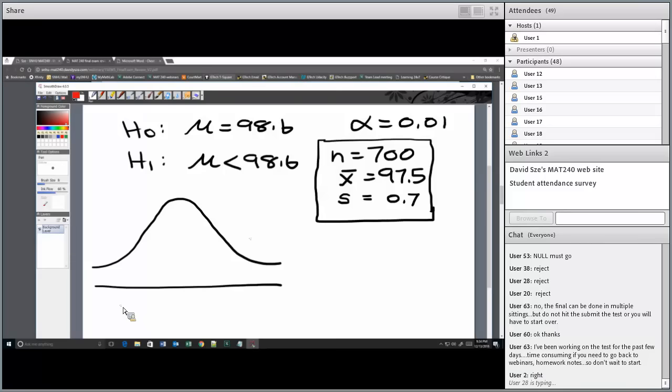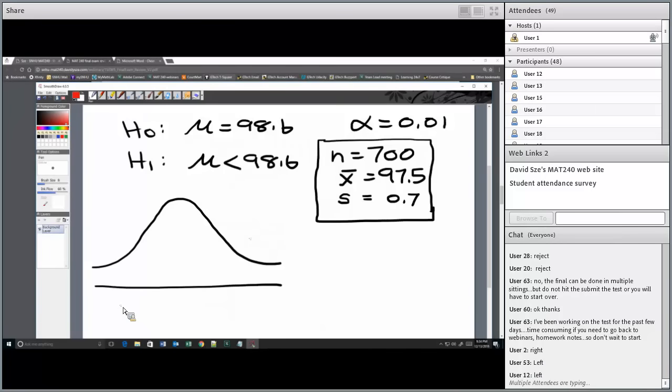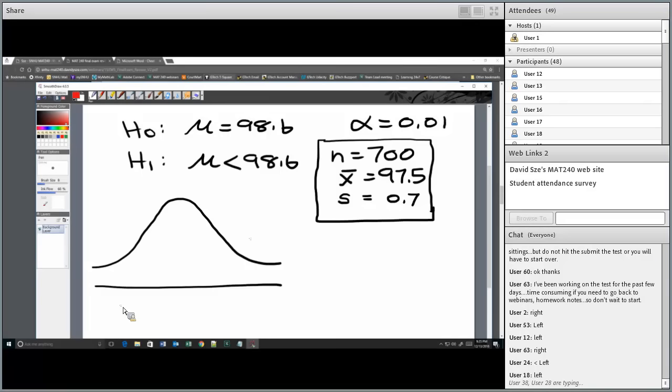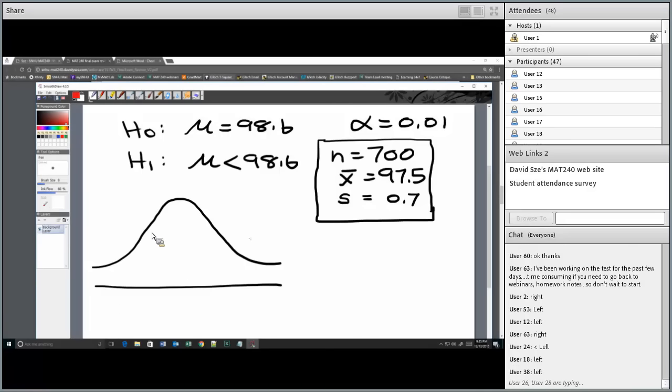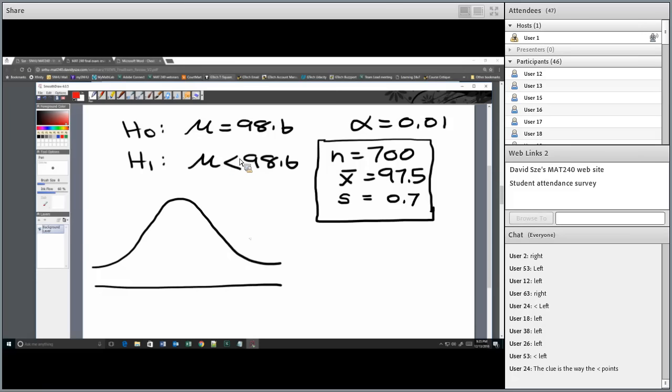Where would the rejection region be? Now think about it before you type, because this is from week 5. Most are saying left, and left is the correct answer. Because as you all recall, I had said that the alternative hypothesis sort of points towards the tail.